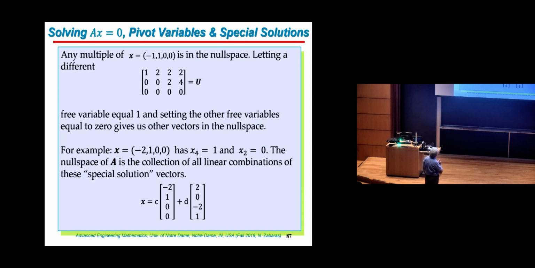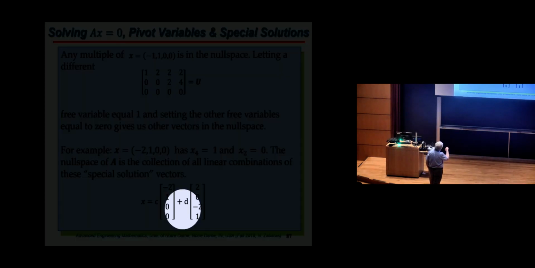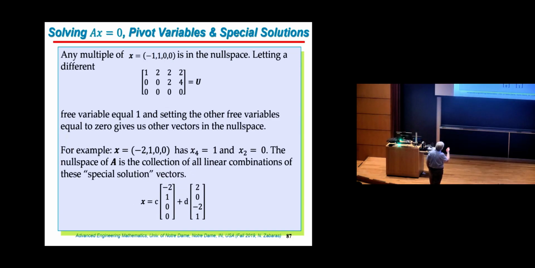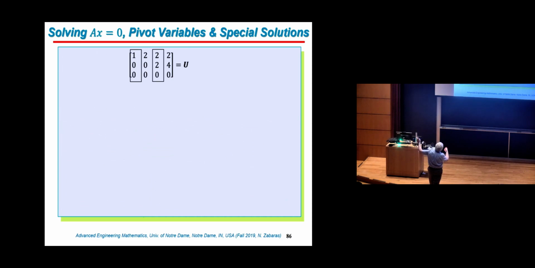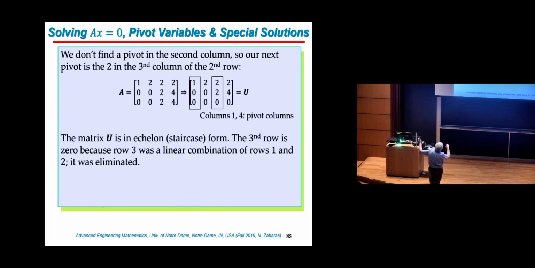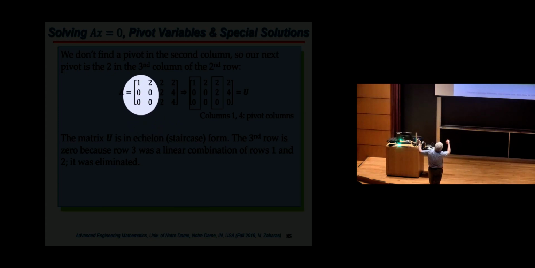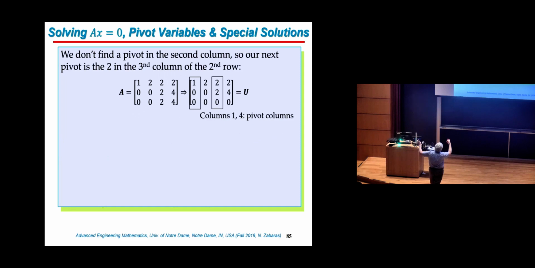And actually, without doing any algebra, let's look at this thing here. I say that minus 2, 1, 0, 0 is a solution to the null space. Let's go back. Remember, minus 2, 1, 0, 0. Okay? Look at this and tell me, why is minus 2, 1, 0, 0 a solution to the null space? This was my original A. Actually, was that the original A? Yes.